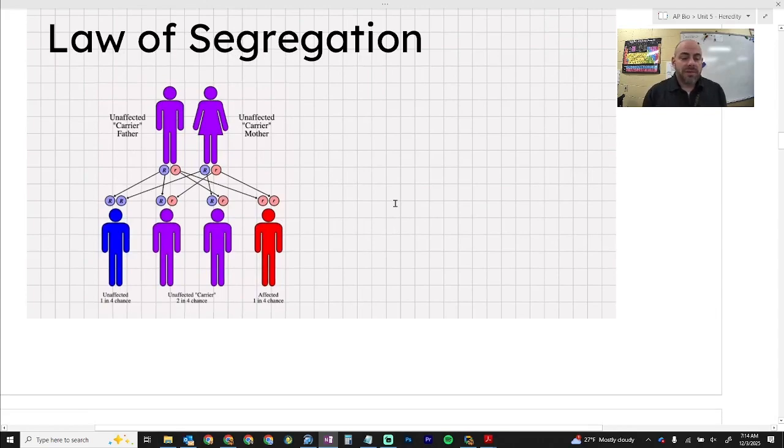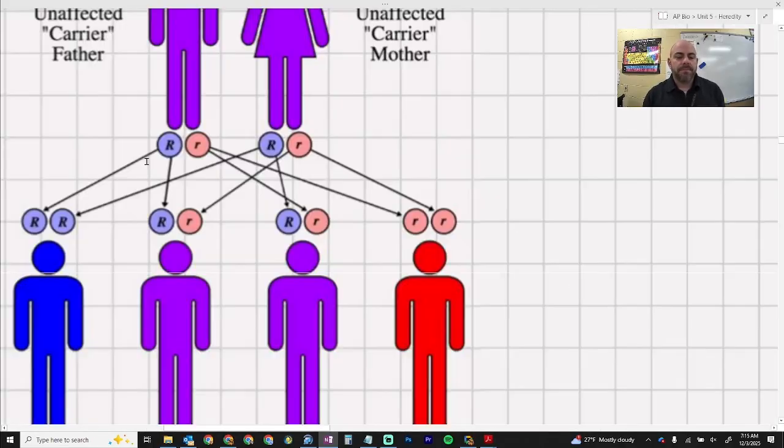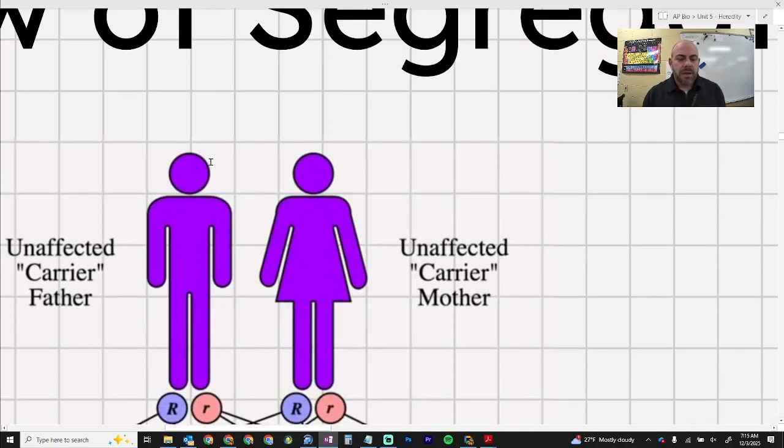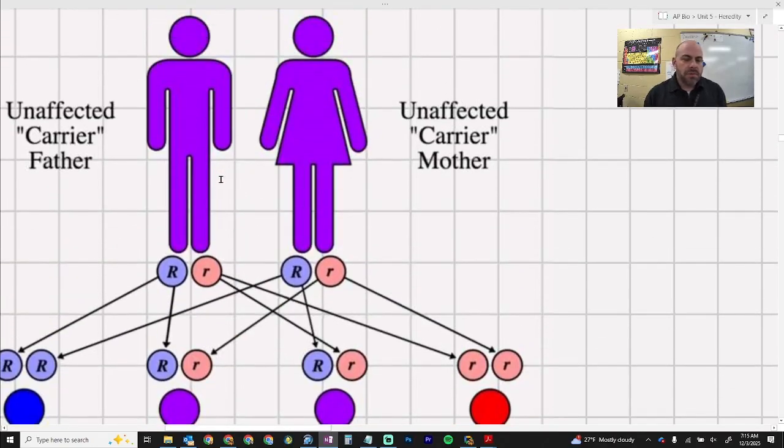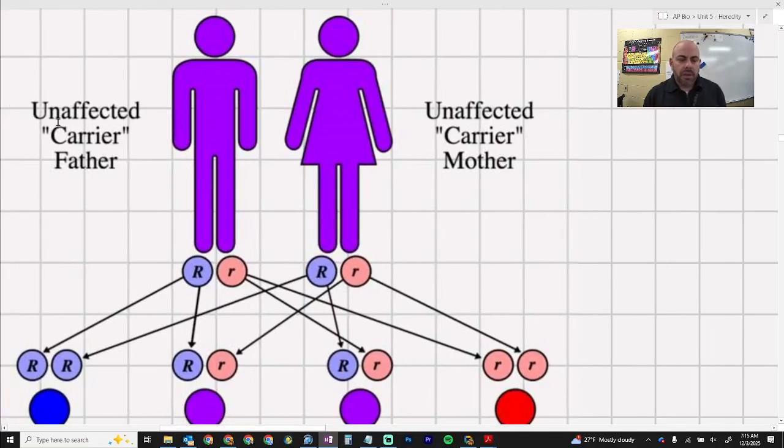The law of segregation. The law of segregation says that each allele has an equal chance of being inherited. What do we mean by that? So here we have some sort of condition, right? And the condition is recessive, and neither one of these individuals have the condition, unaffected.